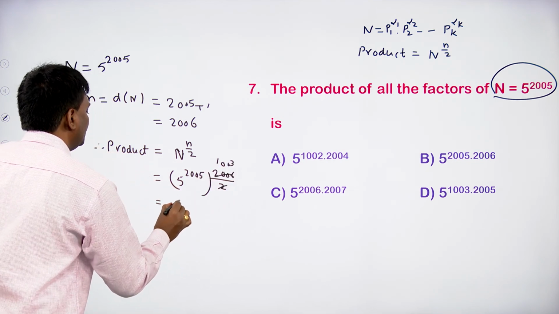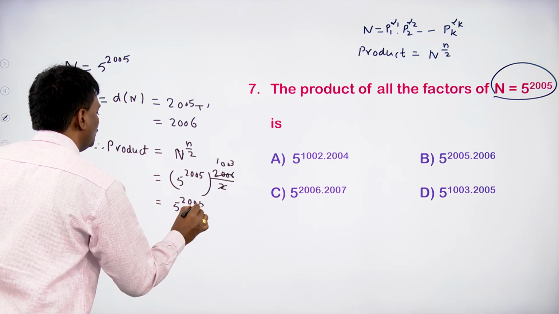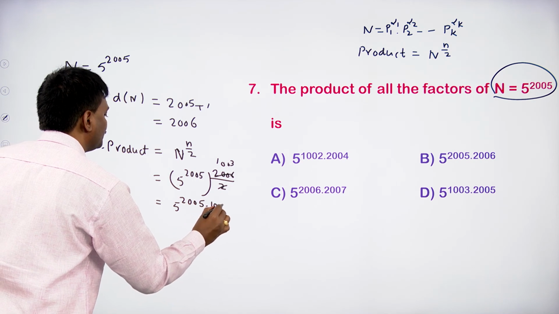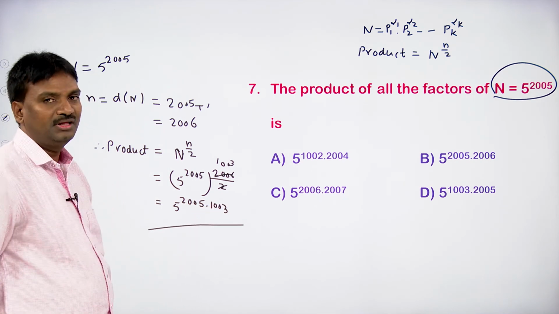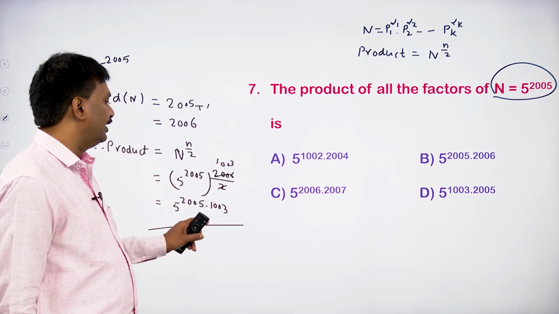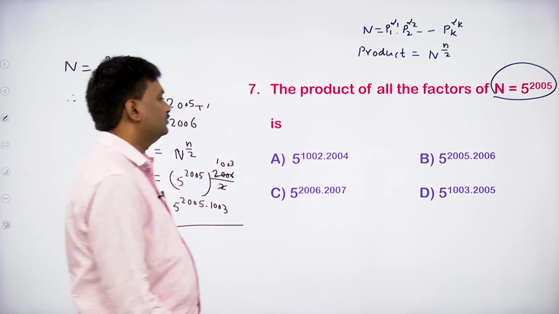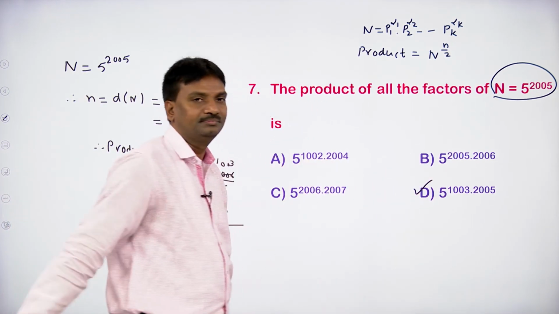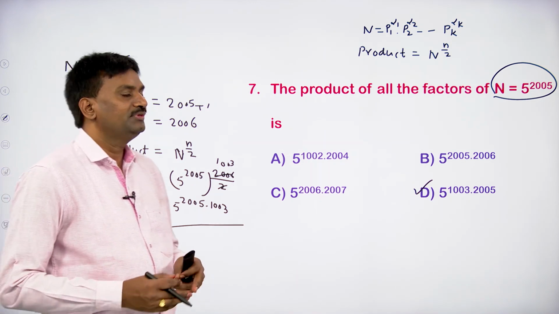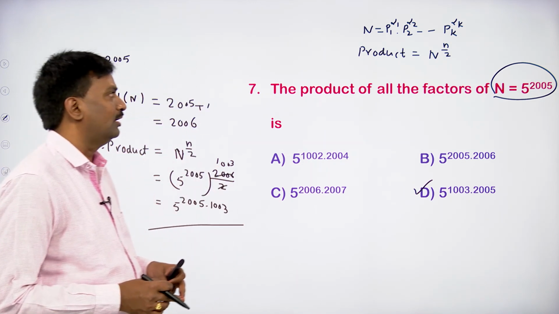So we can write this as 5 power 2005 into 1003. By observing the options, we have 5 power 1003 into 2005, so that is option D. Option D is the correct option for the given problem.